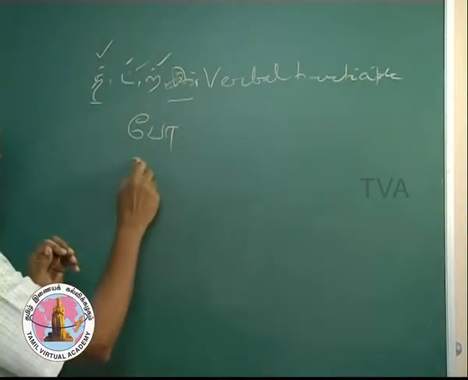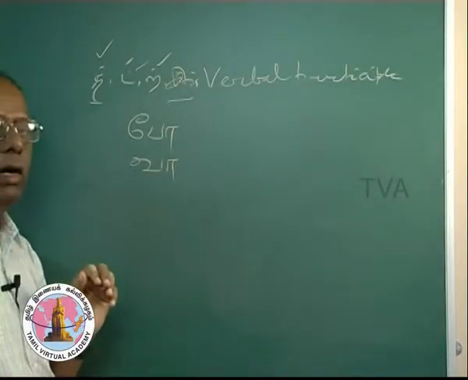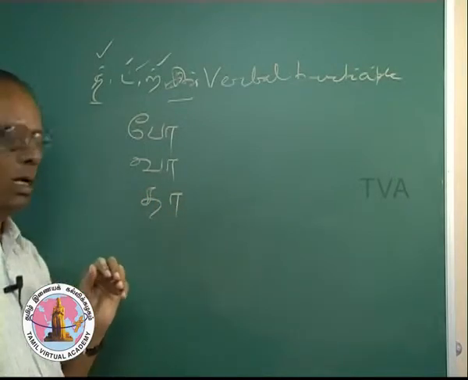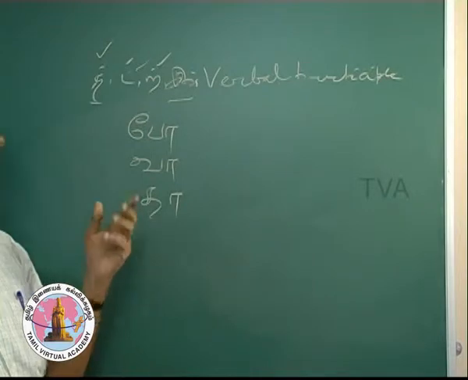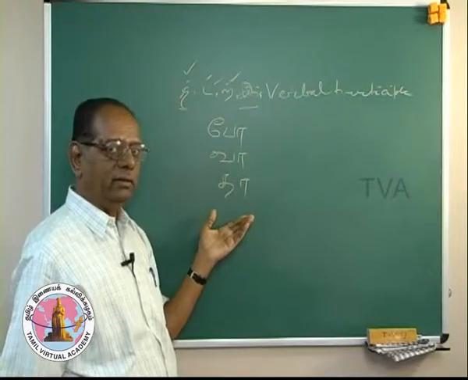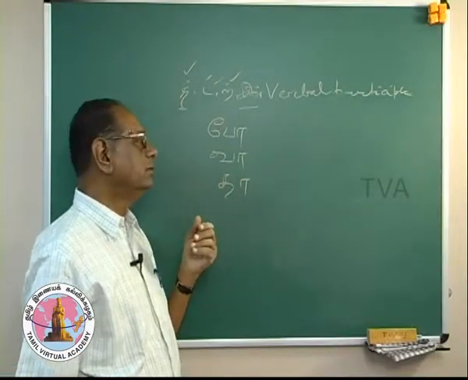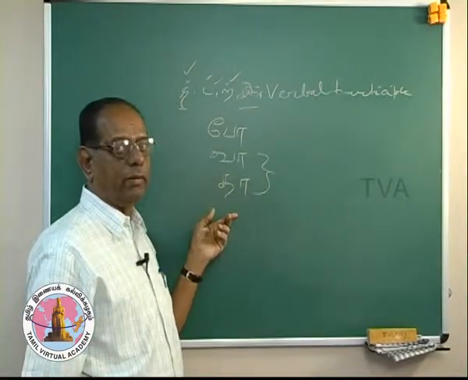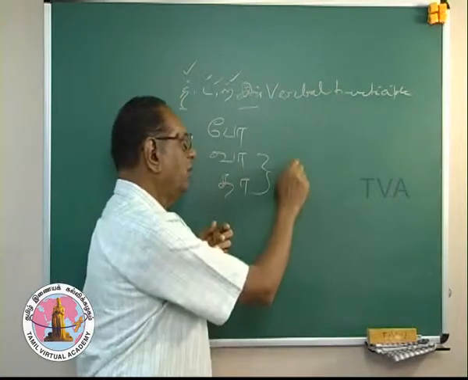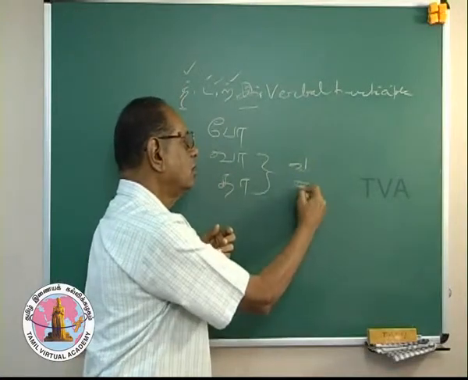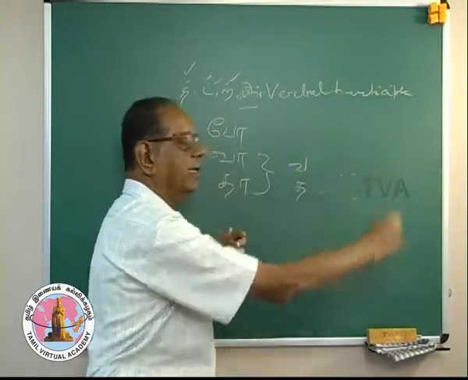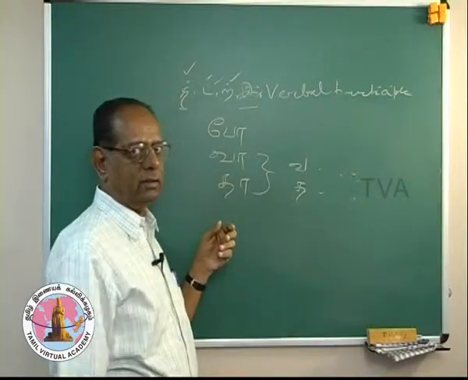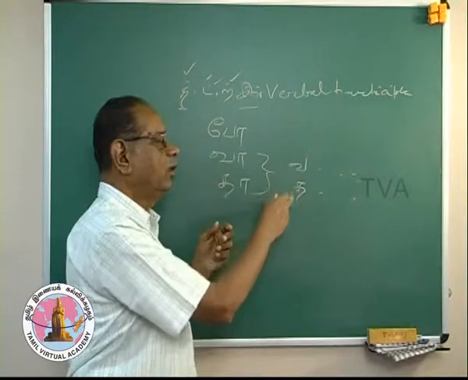O, pa, ta, etc. They are to be treated specially, and you know these two go together. They first of all become short and then accept the tense marker and the rest. This is one change.